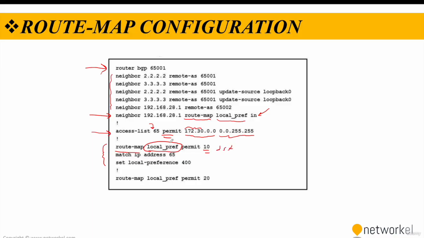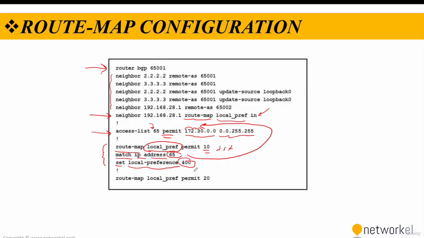This local pref route map is matching the IP address defined in access list 65, which equals everything that starts with 172.30. And then I am setting a local preference value for this one as 400.